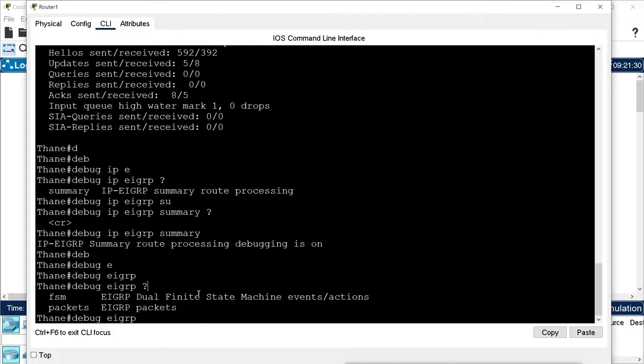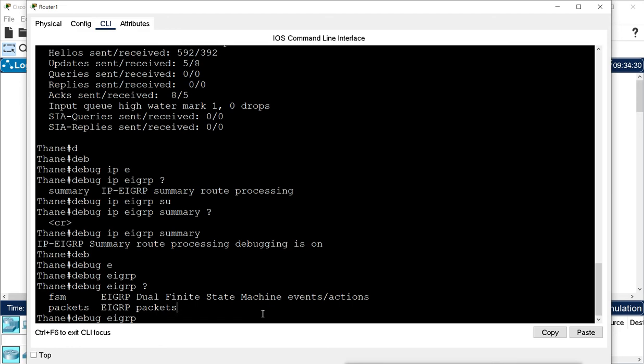In this Packet Tracer, we have debug IP EIGRP summary and debug EIGRP. We have debug EIGRP packets here. We can debug the packets, and also we can debug the FSM. This will debug the DUAL finite state machine events and actions as they occur.